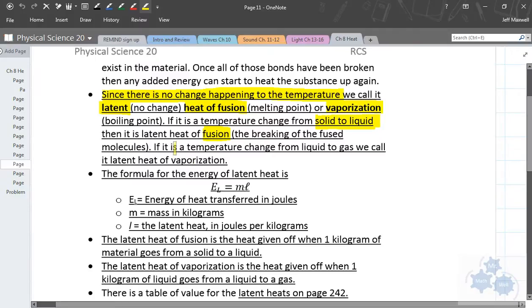And vaporization, of course, is from liquid to gas or gas to liquid, back or forth. That's the heat of vaporization. Think of vapor, gas. So the latent heat of fusion is for the solid to liquid phase change, and the latent heat of vaporization is for the liquid to gas.